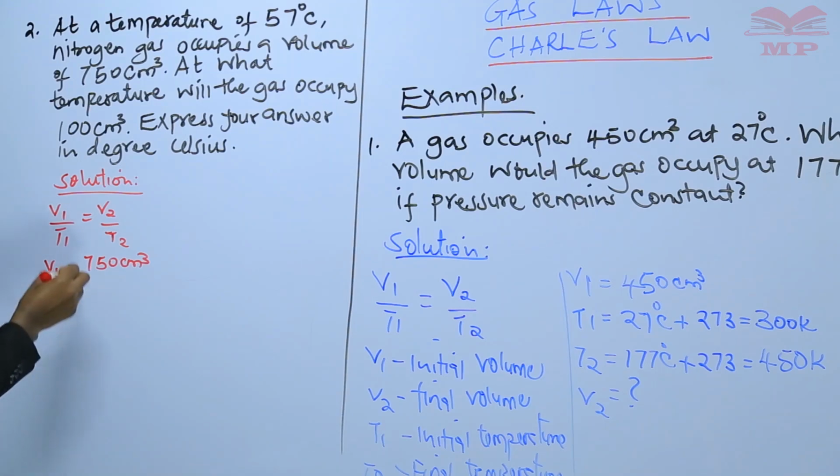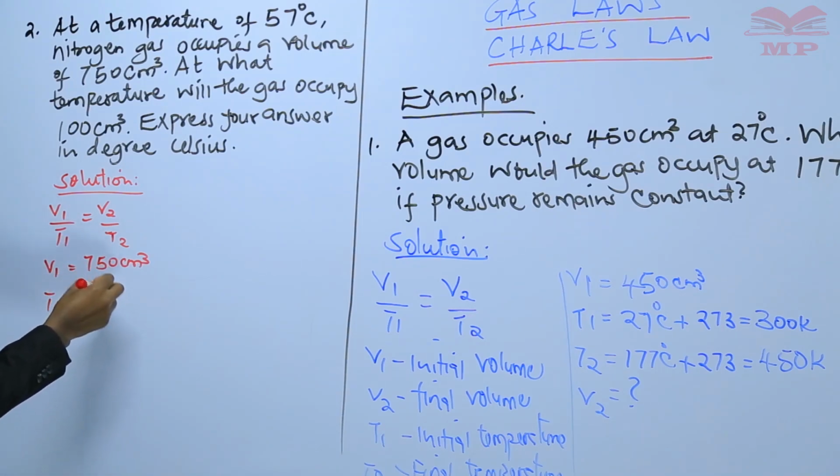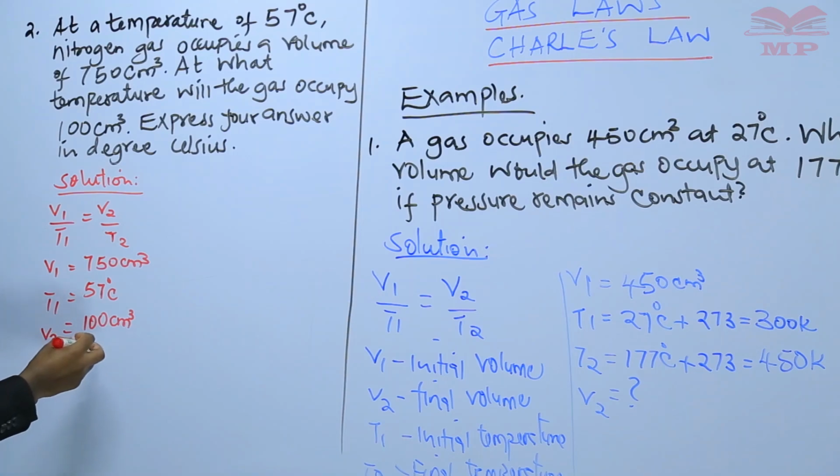T1 is 57 degrees Celsius. V2 is 100 centimeters cubed. And T2 we don't have, and that is what we are looking for.